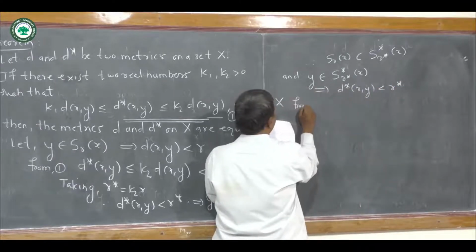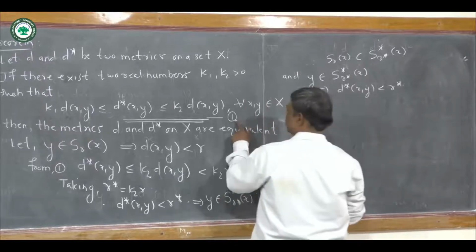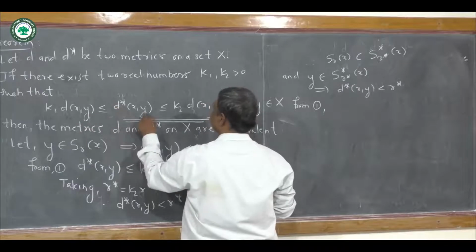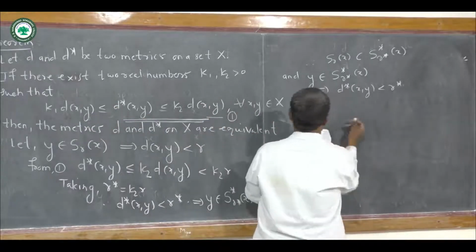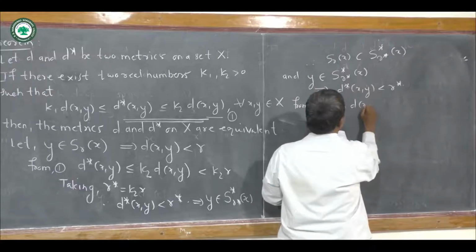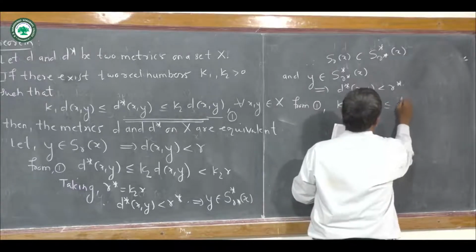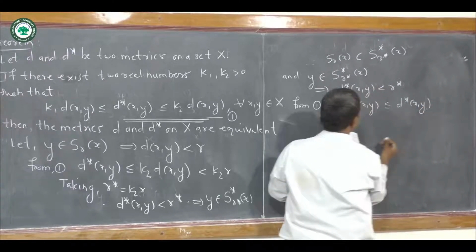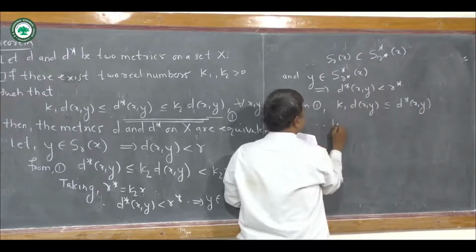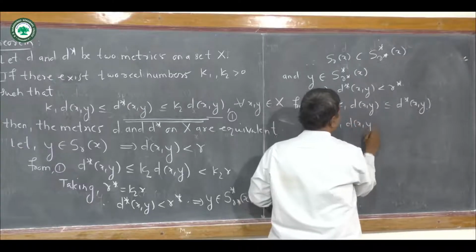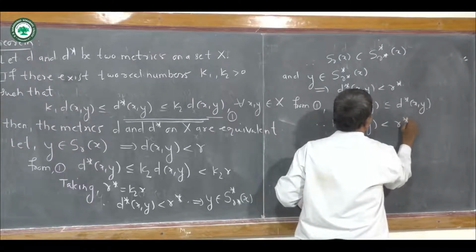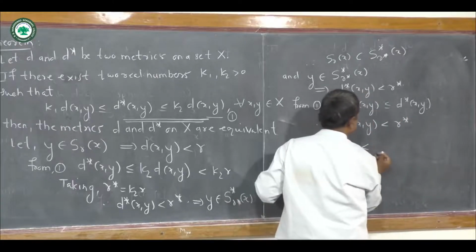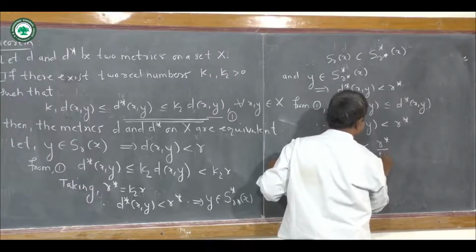So again from 1, using this part of the inequality, that is K1 into D of X, Y is less than or equal to D star of X, Y, we have K1 into D of X, Y less than or equal to D star of X comma Y. Now D star of X comma Y is less than R star. So we write K1 into D of X comma Y is less than R star, so D of X comma Y is less than R star upon K1.